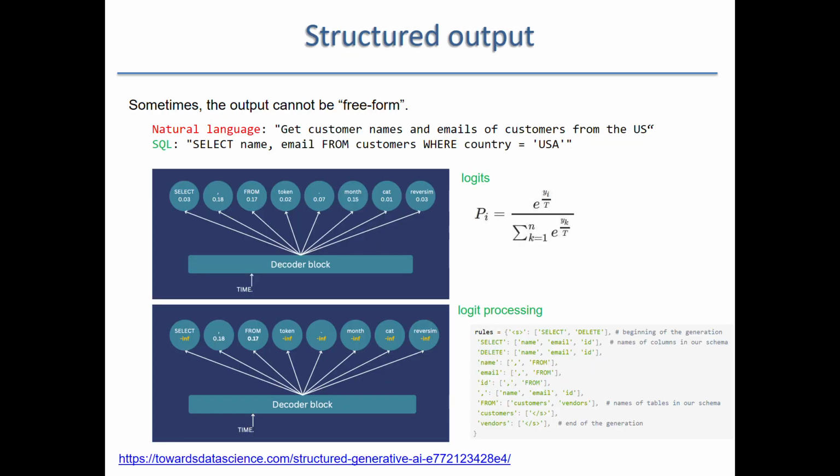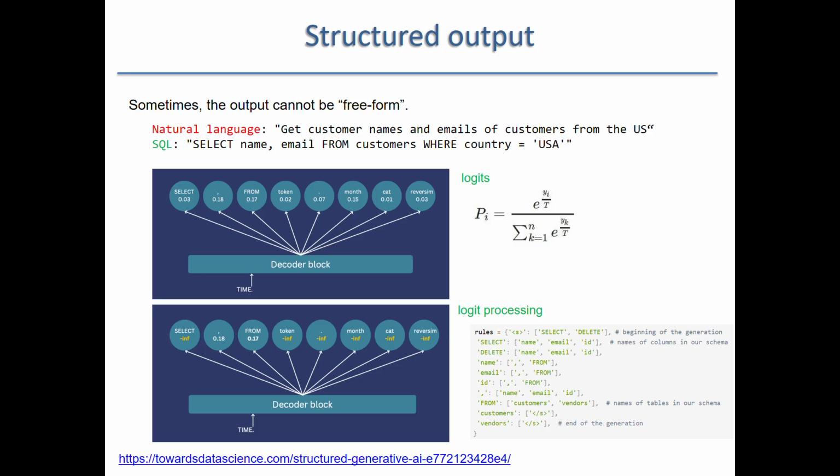Sometimes we want our large language model to produce an output that has some structure. It cannot be free form. So, for instance, we may want the network to generate an SQL sentence.